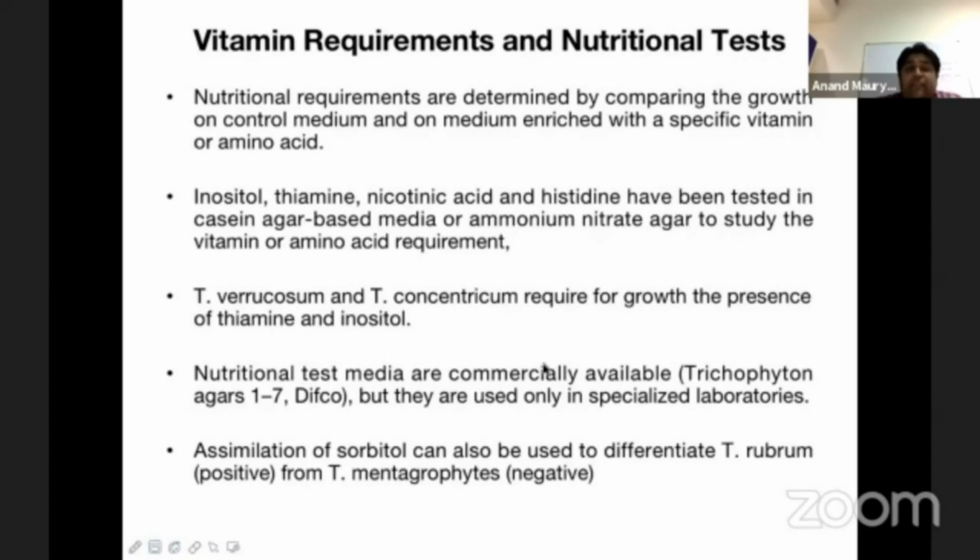These nutrient supplements enrich the medium, and some dermatophytes grow easily, such as with nicotinic acid and histidine. These vitamins and nutrients are very helpful for the growth of dermatophytes.